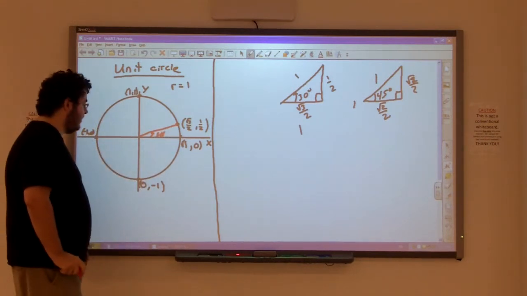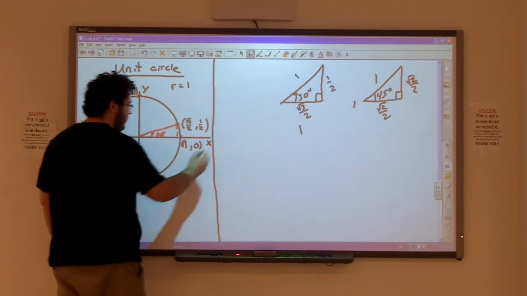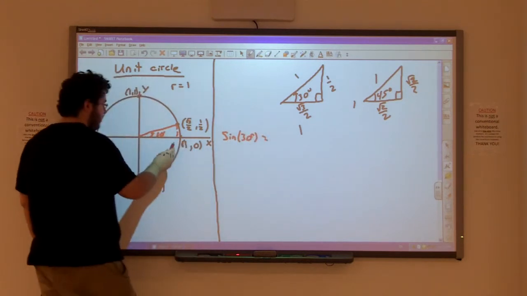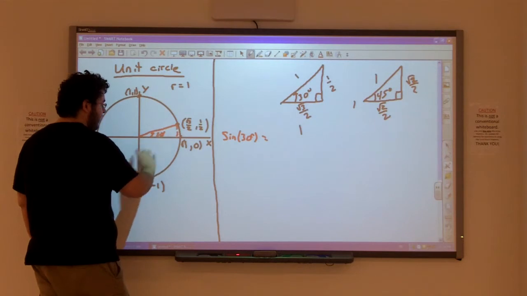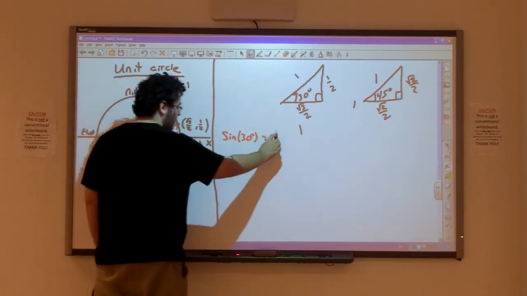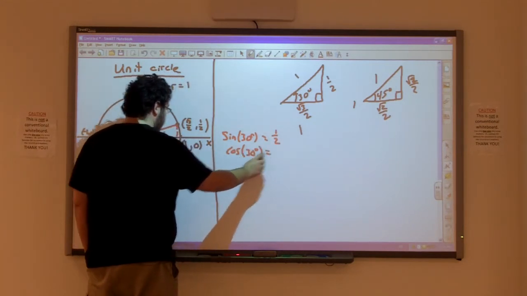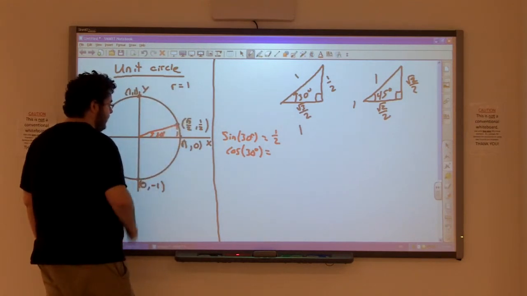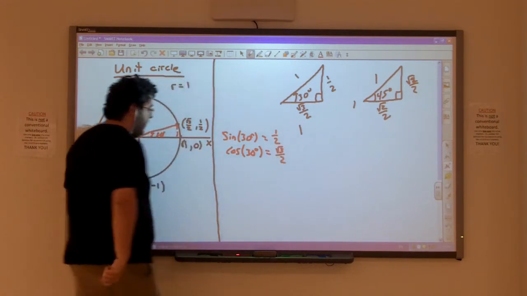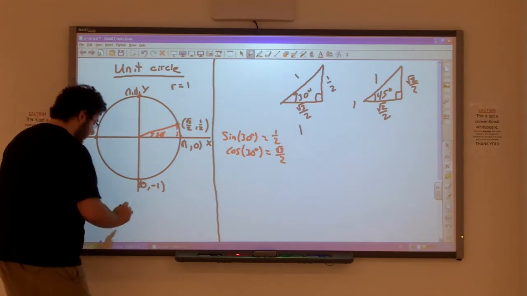So what we can say is, since the hypotenuse is 1, if we want to look at the sine of 30 degrees, that's just the height divided by the hypotenuse. Well, the height is this, and the hypotenuse is 1, so the sine is really just that. And the cosine is the length, or this value, the x value, divided by the hypotenuse, which is 1. We just get that.